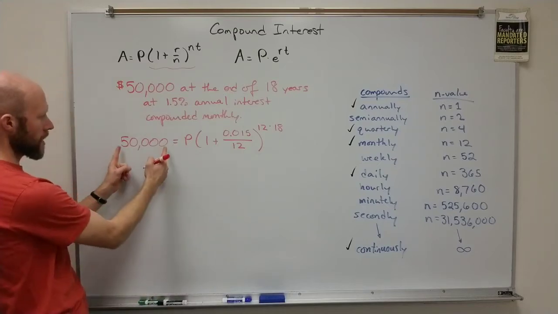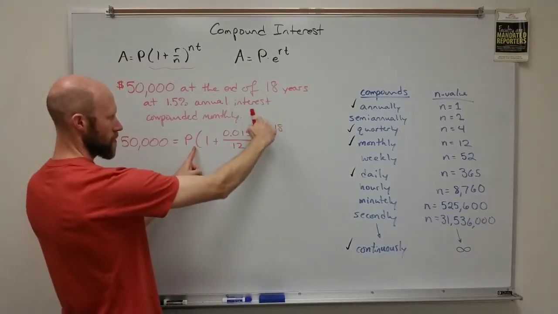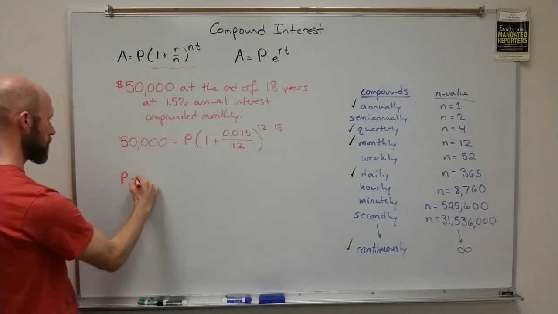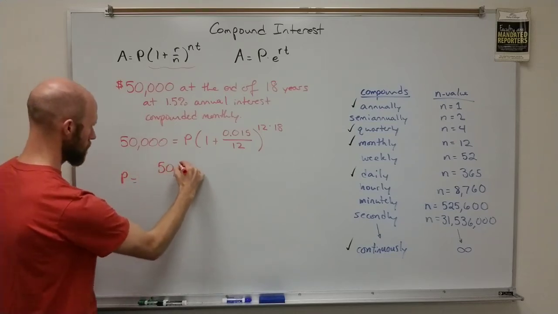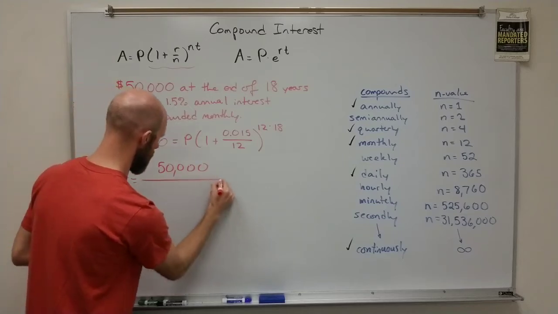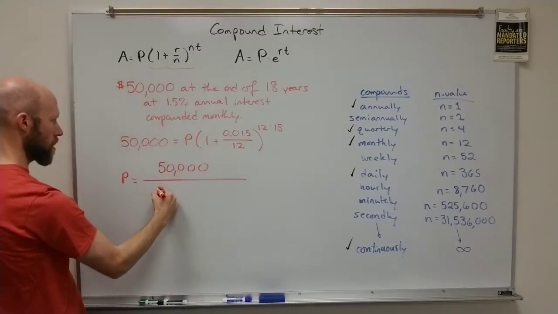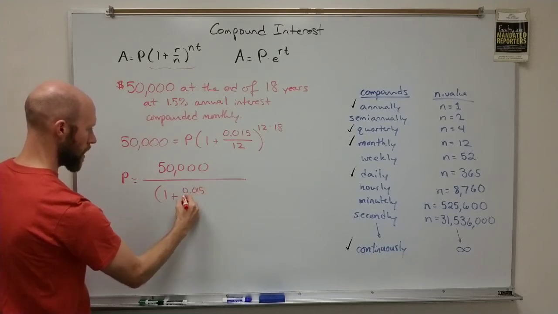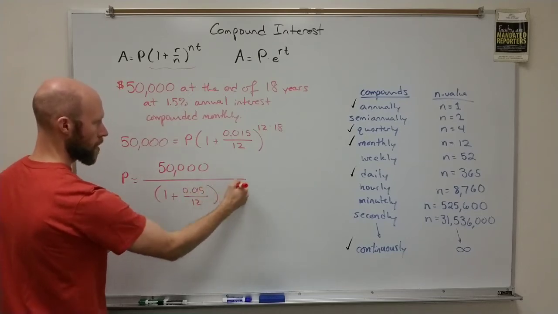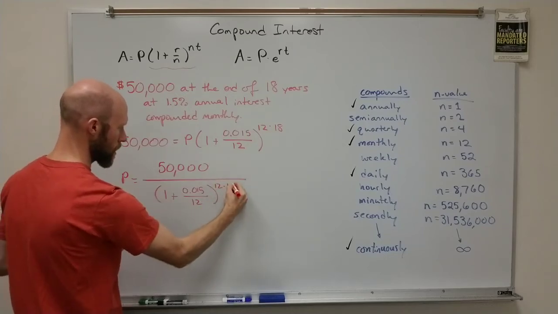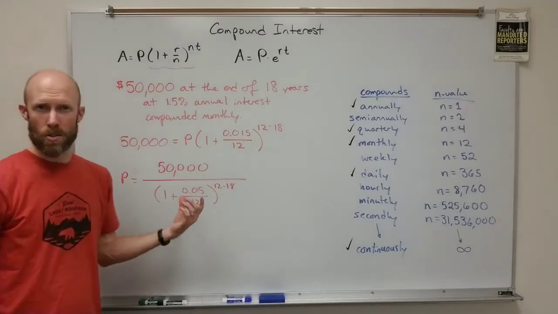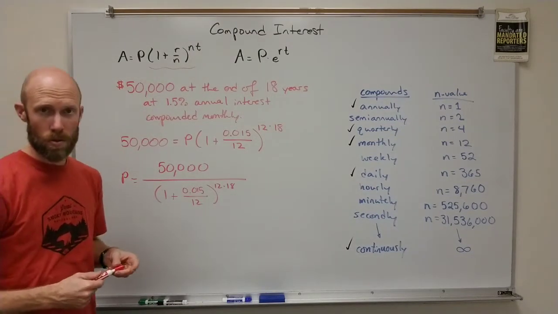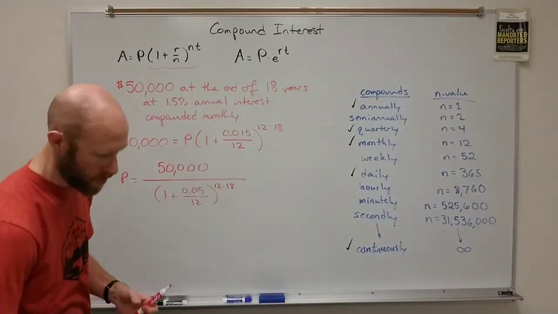And so you're dividing the A by the rest of this other factor to get P, which is fine. So you could write this as P equals 50,000 divided by all this other stuff, 1 plus 0.015 over 12 raised to whatever 12 times 18 is, okay? And so you plug that into your calculator, and that will give you your principal that you need.